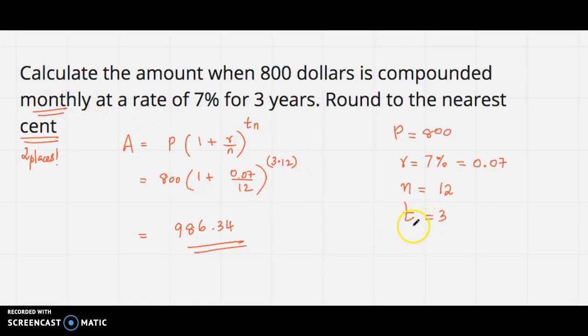And t is 3 because the number of years is 3. Here's the formula. Plug it in, put it into the calculator, get your answer. Round to the nearest cent means round to 2 decimal places. Don't overthink it. This is just a straightforward session where you plug in numbers in the calculator and you get your answer.